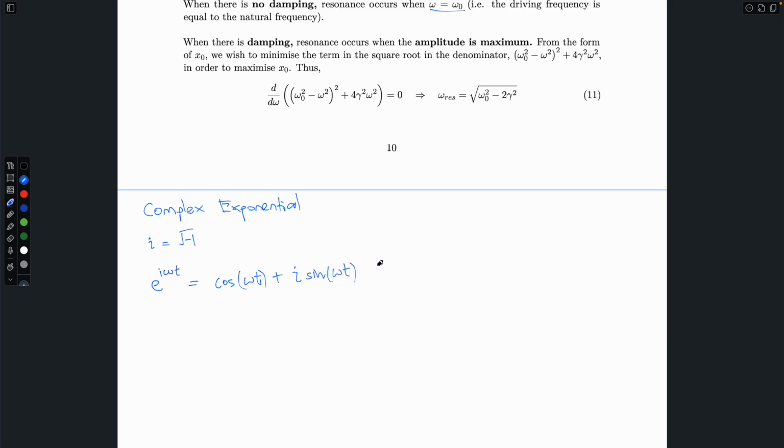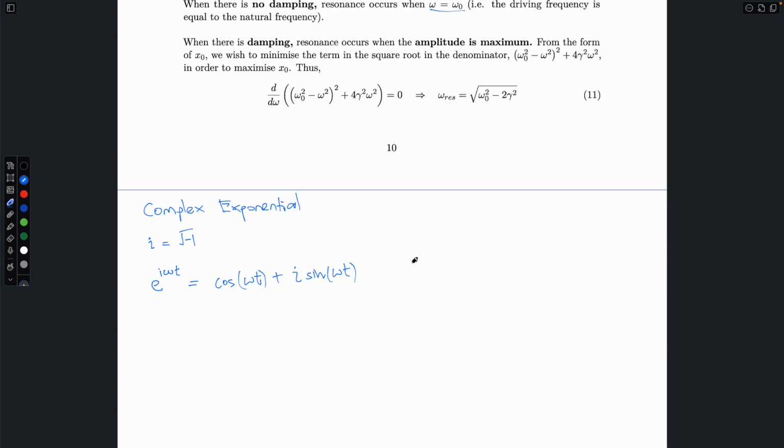This is called Euler's identity. The reason why it's so powerful is because we can reduce differential equations with cosine and sine inside into exponential problems, and exponentials are infinitely easier to deal with than sinusoids.